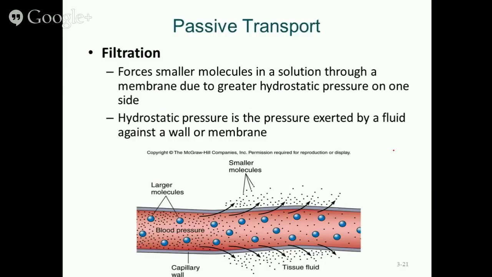So it's just based on water pressure or hydrostatic pressure. Hydro means water. Hydrostatic. Usually in our kidneys, if we want to filter things out, our kidneys can increase the blood pressure of blood flowing to them, and then we can force some things out, and that's called filtration, okay?